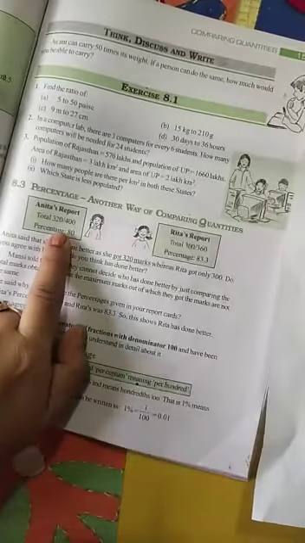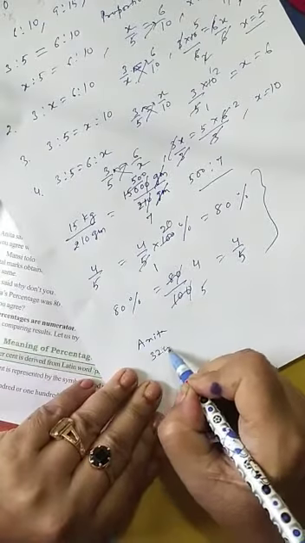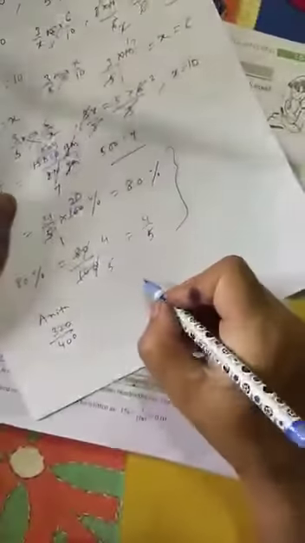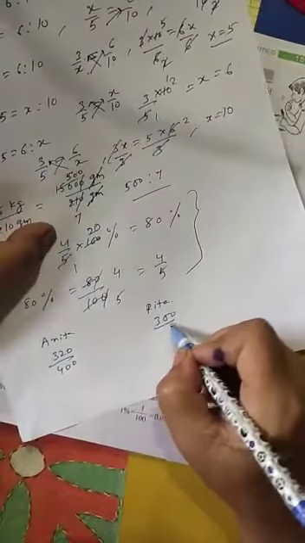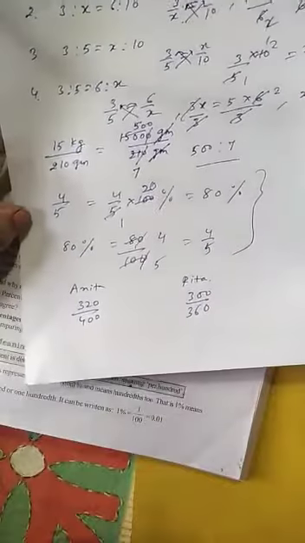So here, Anita got 320 out of 400. And her friend Rita got 300 out of 360. So for comparison, who performed better, we will calculate percentage.